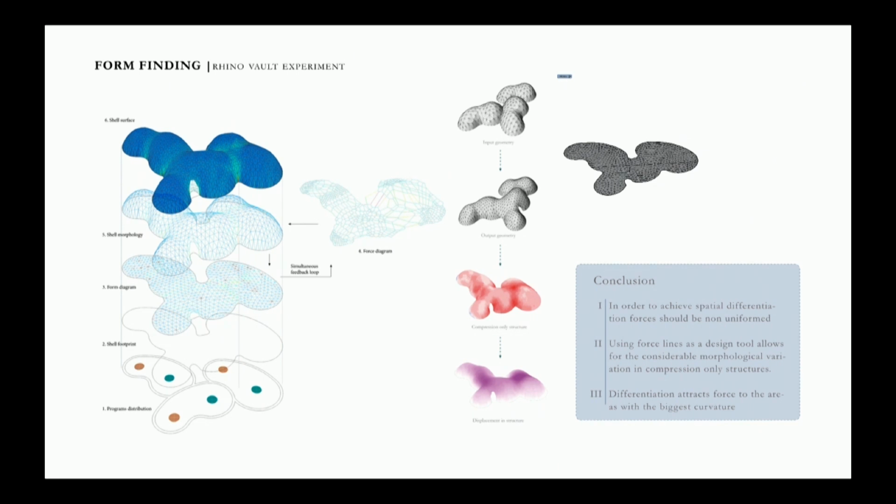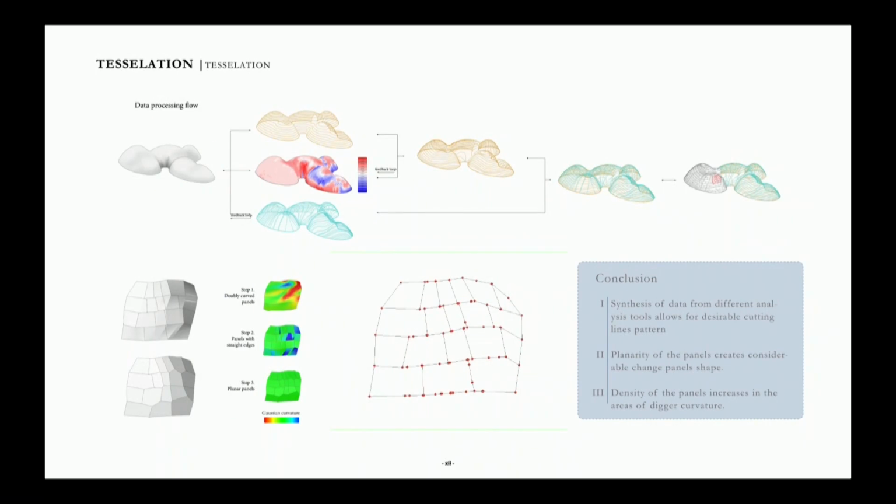As a conclusion of this experiment, we can admit that force-driven form finding was an efficient tool to create structurally stable compression-only systems. However, high differentiation within the dome shape creates high forces within the valleys, which means that the more differentiation we want, the more forces we are getting within the structure.